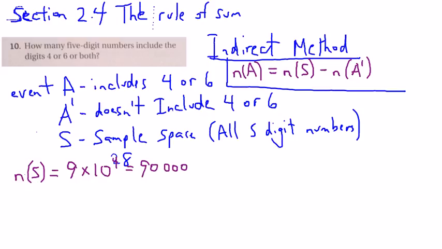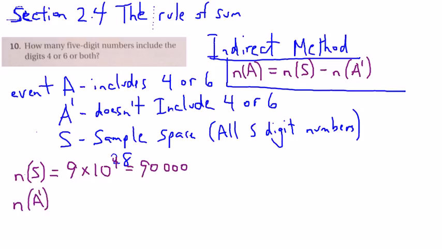The smallest one would be 10,000, and the largest would be 99,999. 90,000 altogether.